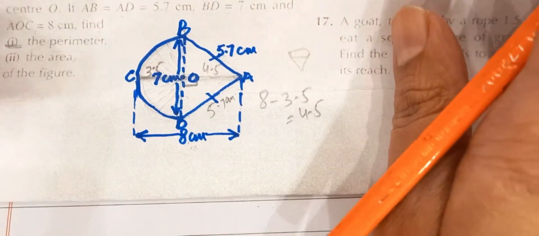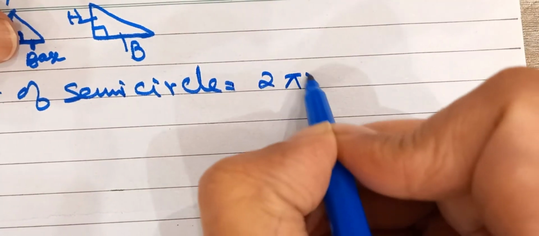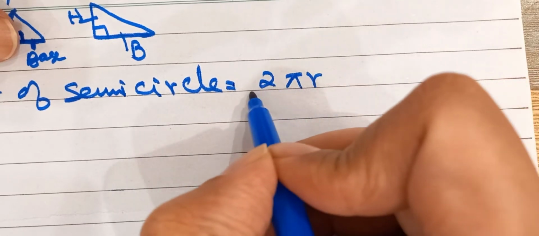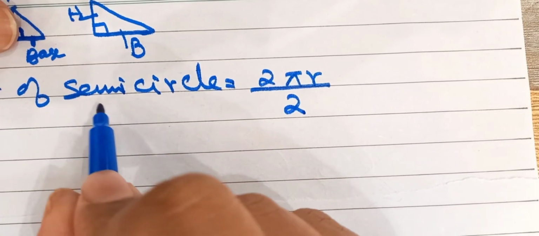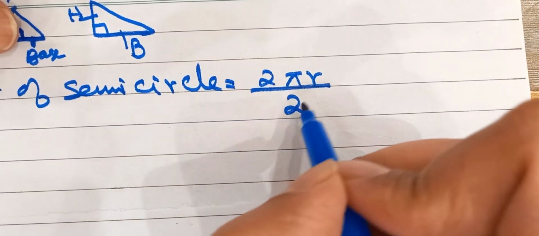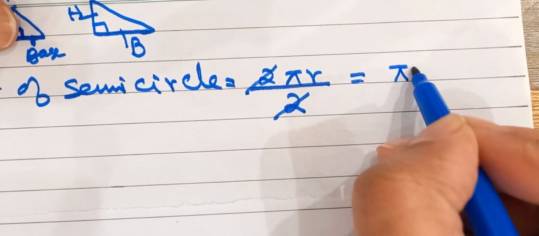So I know the diameter. The circumference of a circle is 2 pi r. We shall divide it by 2 to get the circumference of a semicircle. The 2 will be crossed out and we shall be left with pi r.